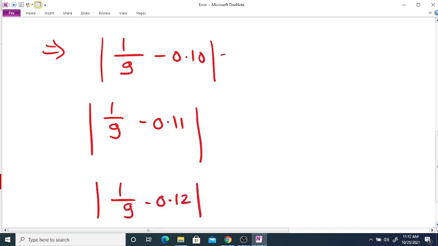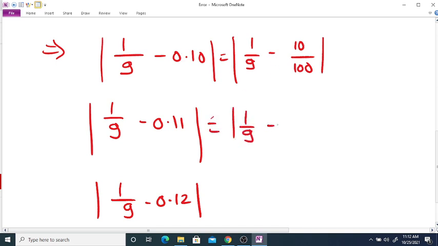If you simplify this, it is equal to 1 by 9 minus 10 divided by 100. We can write 0.10 as 10 divided by 100. Here we can write 1 by 9 minus 11 divided by 100, and here 1 by 9 minus 12 divided by 100.